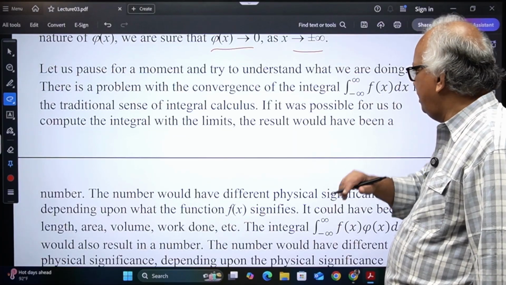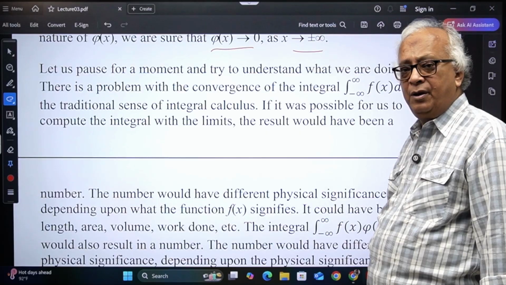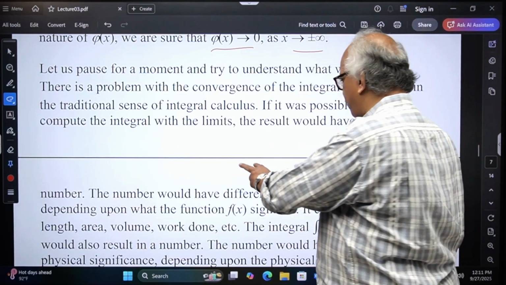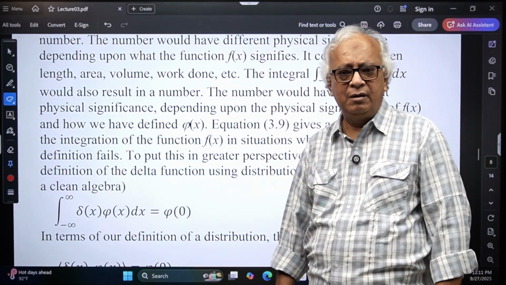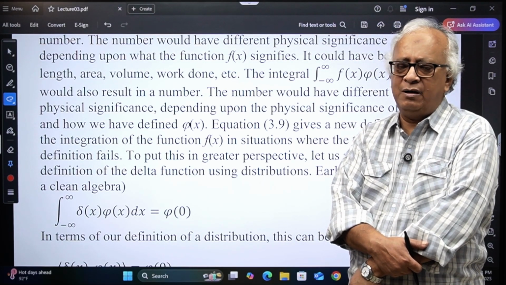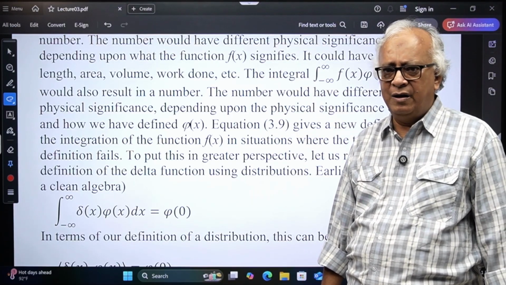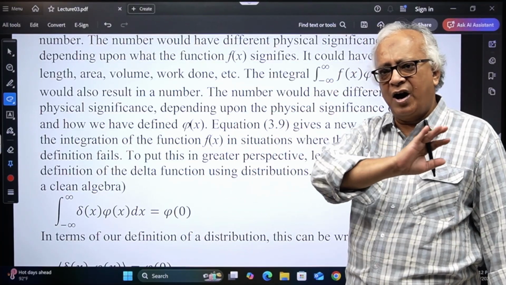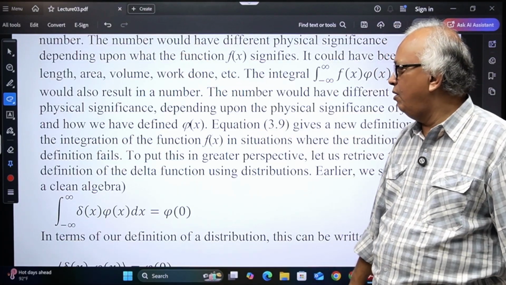If it was possible for us to compute the integral with the limits, the result would have been a number. আমি যদি ইন্টিগ্রেশন করে লিমিট বসাতাম তাহলে আমি একটা নাম্বার পেতাম। এখন phi-এর সাথে মাল্টিপ্লাই করে কেউ যদি জিজ্ঞেস করে এখন কি পাচ্ছ তুমি, আমরা বলবো ওয়েল টেস্ট ফাংশন যাই হোক ওটার সাথে মাল্টিপ্লাই করে যা আসবে ইন্টিগ্রেশন করতে হবে। So it depends on what is phi. বারে বারে আমি phi-এর উপরে বলতেছি, কিন্তু যেভাবে ডেভেলপ হবে আমরা দেখব যে phi will disappear from our formulation.